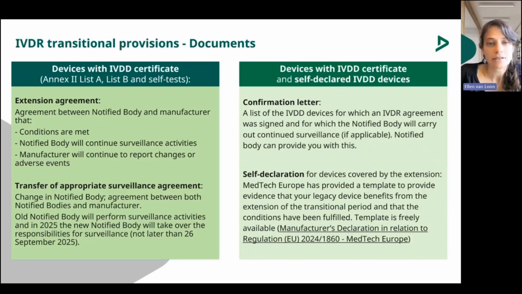And the notified body can provide you with this. Another document is a self-declaration for devices covered by the extension. So MedTech Europe here made a template for this, to provide evidence that your legacy device benefits from the extension of the transitional period. This template is freely available. You can find it on the MedTech Europe website.